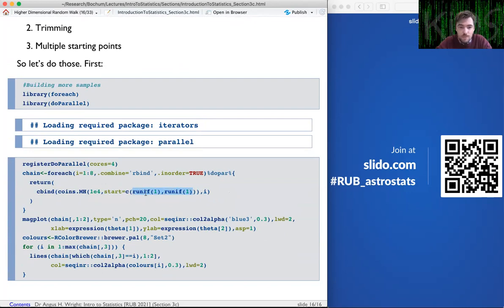So I've let the random uniform distribution give me 2 points, one in the x-axis, one in the y-axis, and I've done it 8 times, and I've run this in parallel so it runs quickly, and I end up with the total chain that has my samples from my posterior given this random starting point, and it gives me 8 sets.